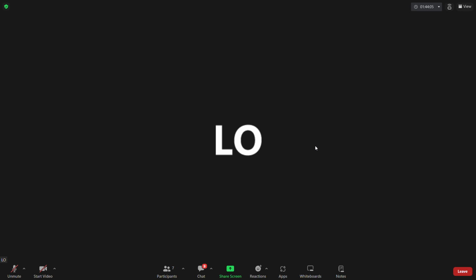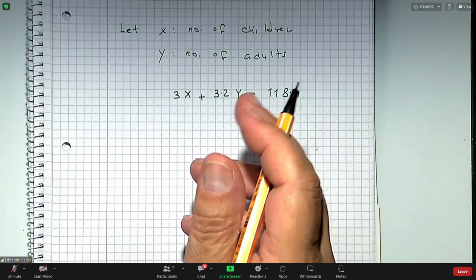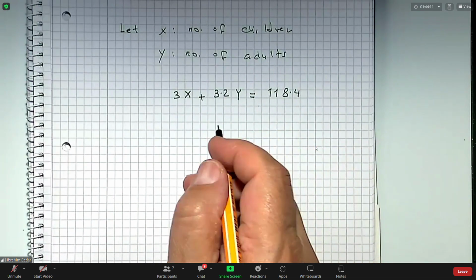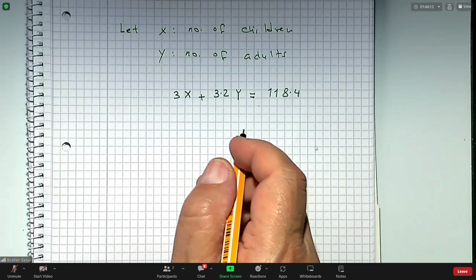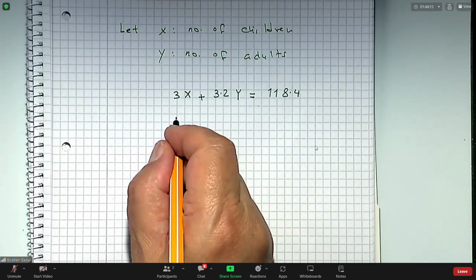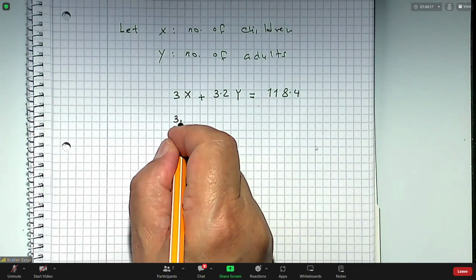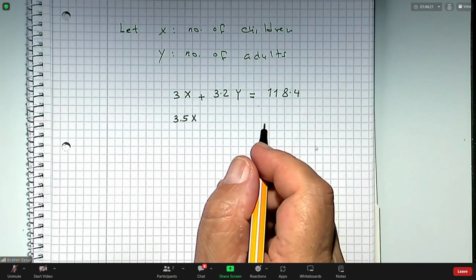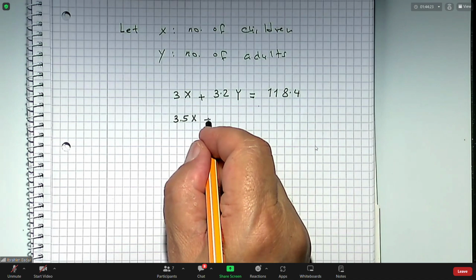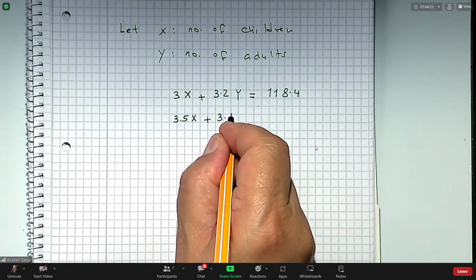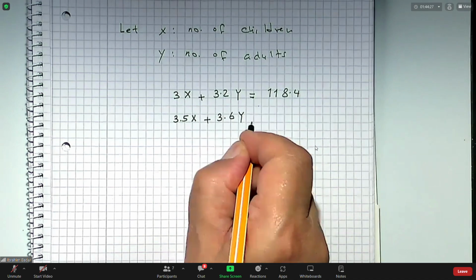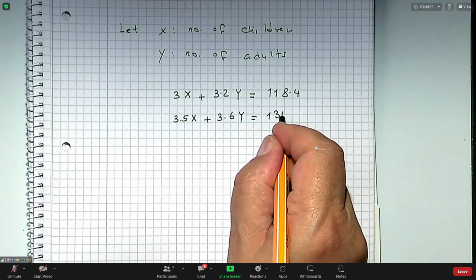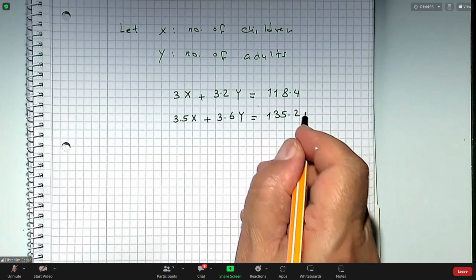So first you introduce variables, and then you translate the text there into equations. The second equation says on the way back, this same X multiplied with 3.5 euros each plus 3.6 Y, and the total was 135.2. Okay.